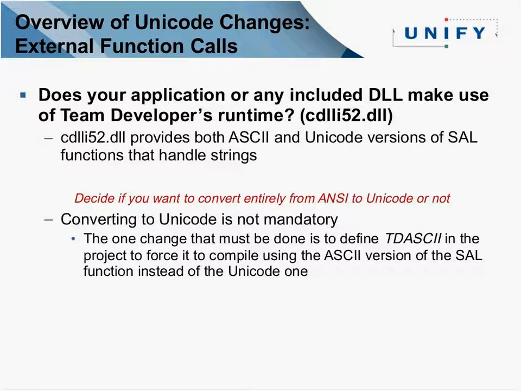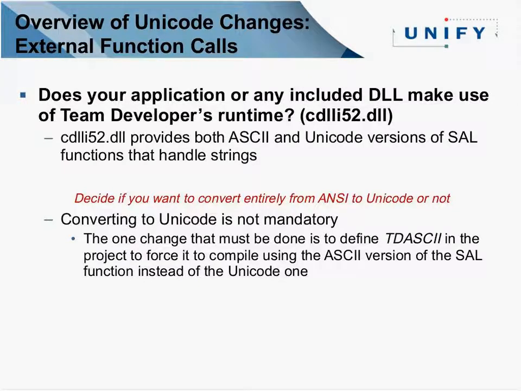Still about external function calls. Some customers in the past have included our internal DLL, CDLLI 5.2.DLL, which is our runtime DLL, into their application. So they included our internal runtime DLL, and they call APIs in that DLL, their SQL APIs.